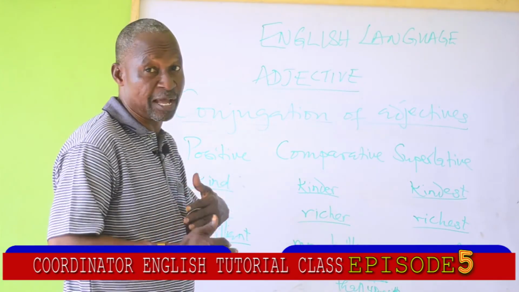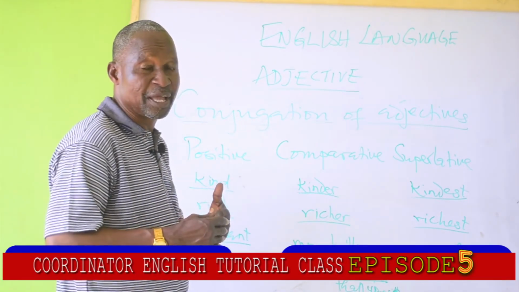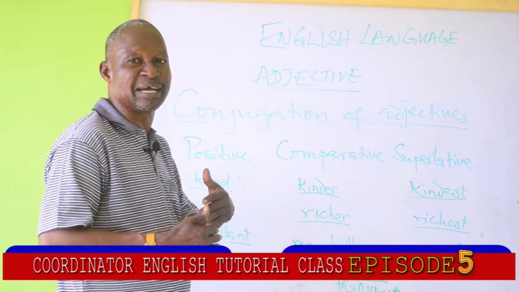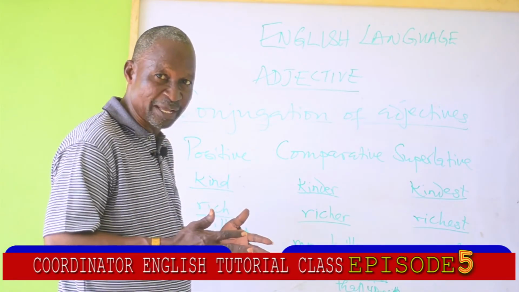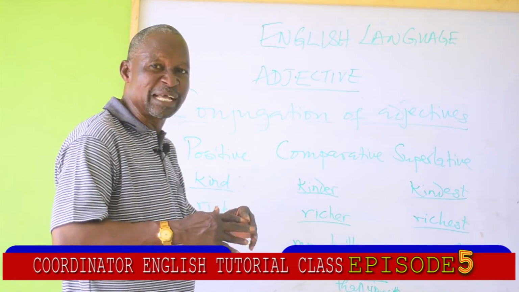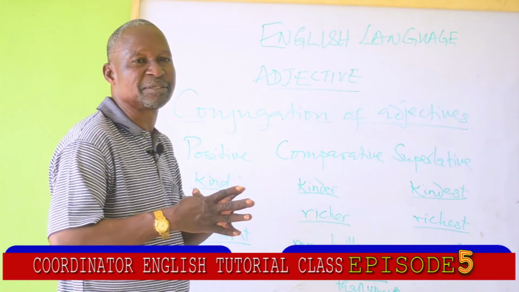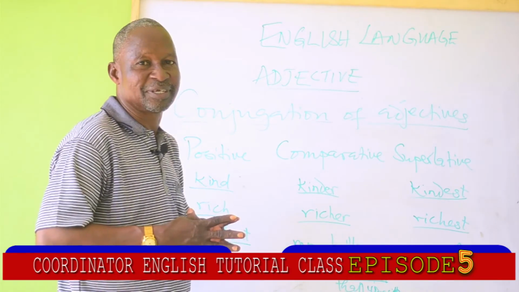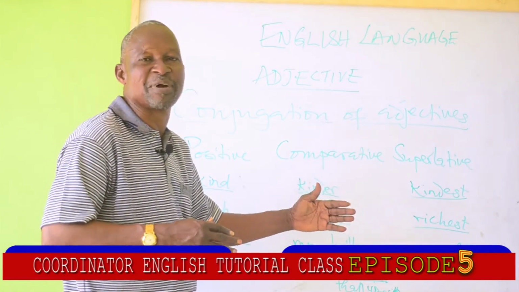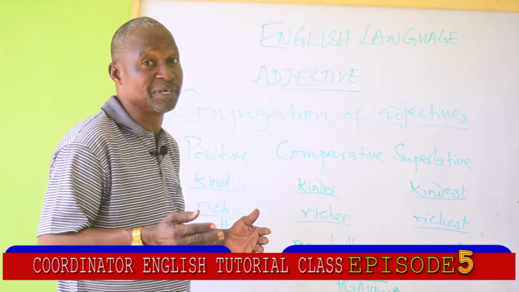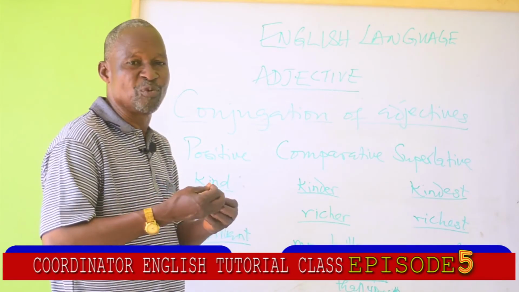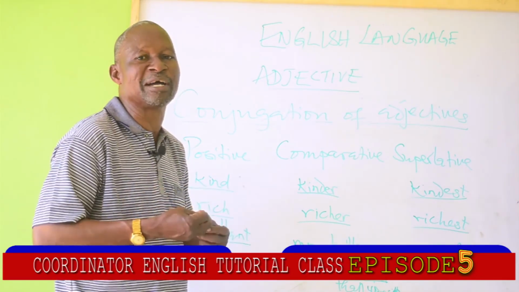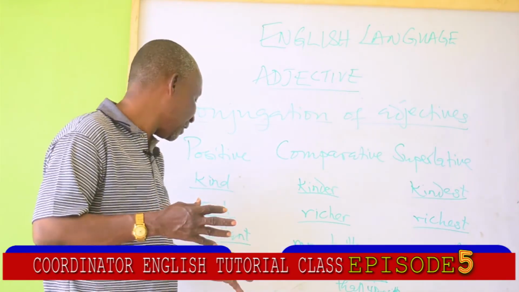Ayola is a brilliant boy. Ayola is more brilliant than Femi. There are 2 there. Ayola is the most brilliant student in his class. In this case, we are referring to very many students. And we are distinguishing Ayola, the most brilliant.